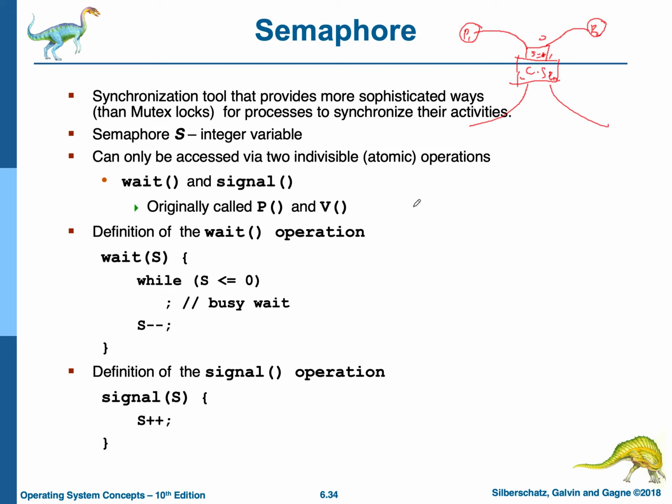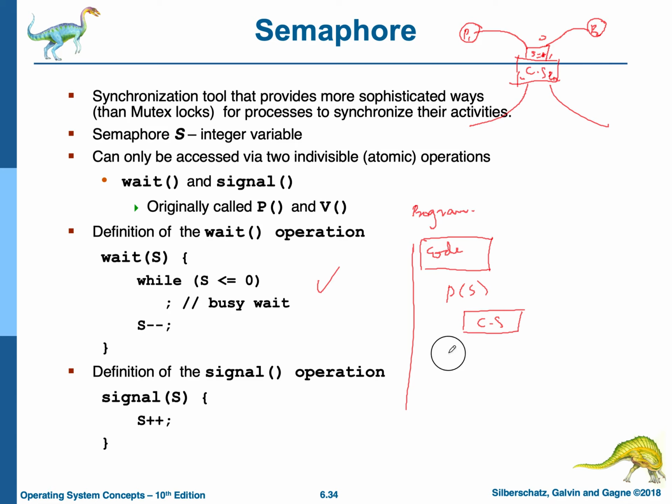For example, if there is a program, and here is the code, some portion of code goes here, and then we have P of S, then comes the critical section. Here it will decrement S by 1.